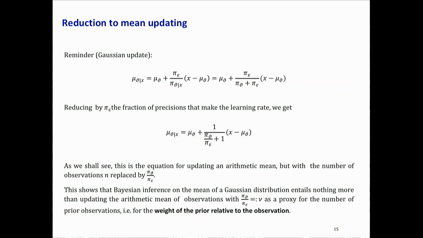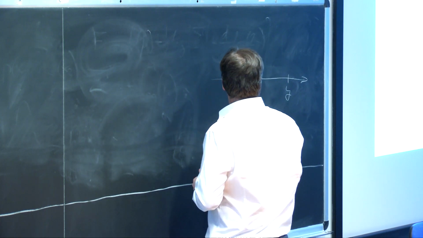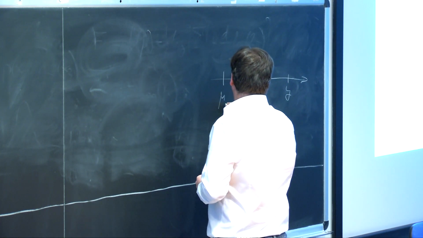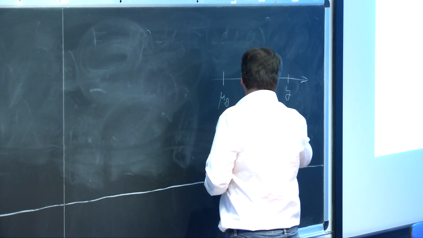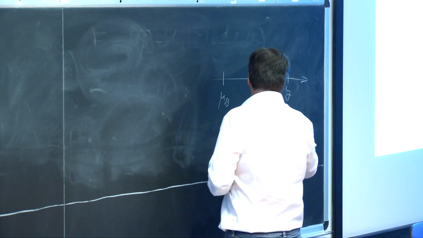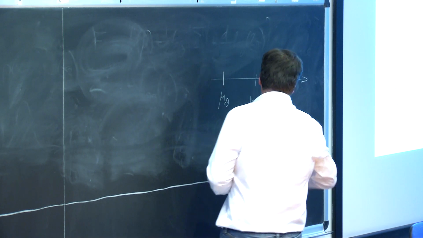So if nu equals 1, this means the prior and the observation have the same weight. Our posterior mean will be in the middle between the new observation, y, and the prior mean. So this will be here if nu equals 1.